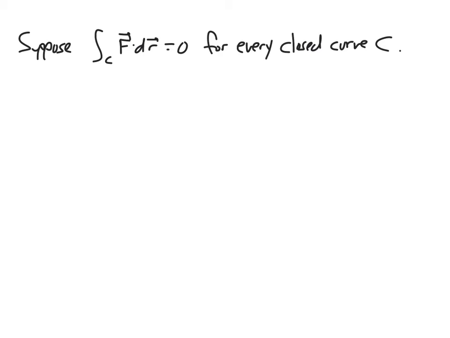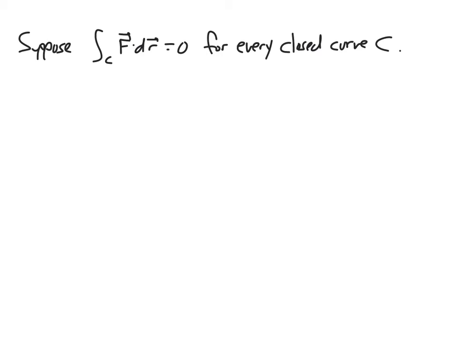So we just saw that if we have a path-independent integral on a closed curve, that we will get an integral value of 0. Now we're supposing the integral value is 0 for a closed curve. And so what we might think we could get is we could possibly show that in this context that this integral has to be path independent. And that's exactly what we're about to do.